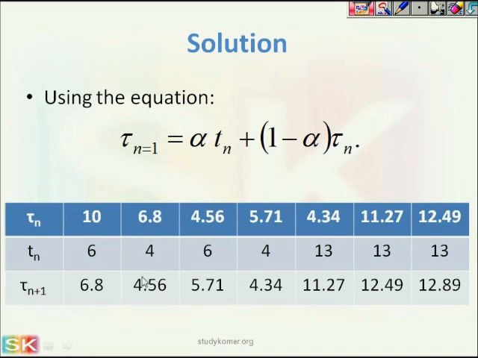And you will be able to find the next tau n plus 1, which comes out to be 4.56. So these are the expected next CPU burst cycles, and accordingly we can select the minimum CPU burst for our process. But again, this is the predicted value, it is not the exact value.